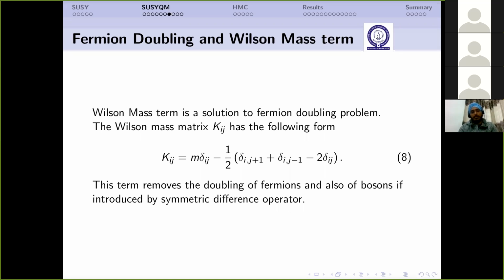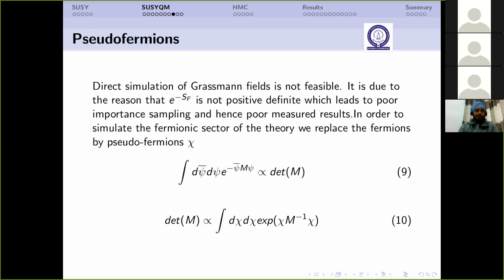But for the fermionic doubling, we are introducing the Wilson mass matrix. This term kills the doubling happening in the fermions part. So this removes the doubling, both if present in the fermions and if present in bosons.